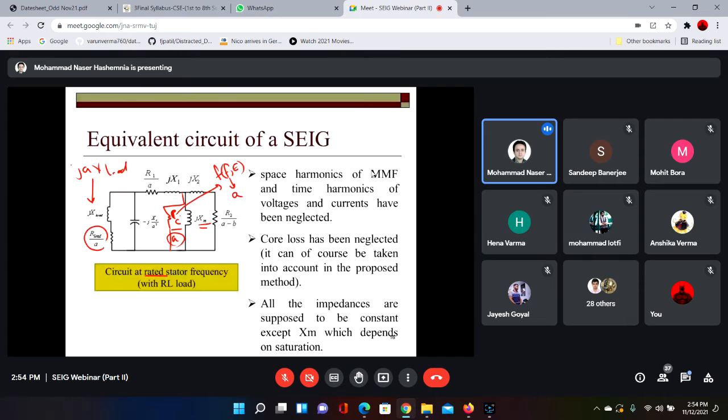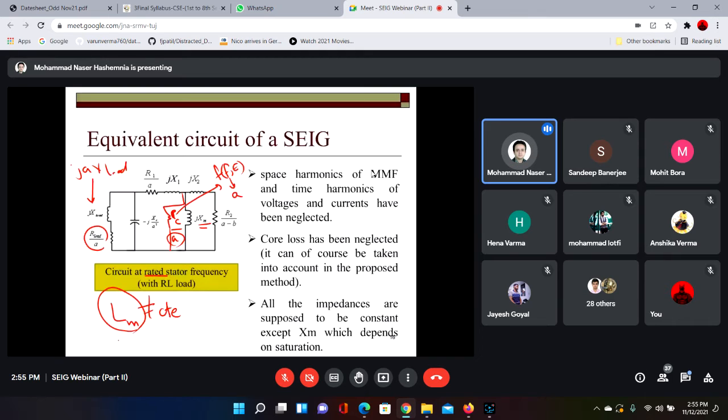But here, due to saturation, LM, which is magnetizing inductance, is not constant. So when LM is not constant, then you don't know the value of XM. Of course, you know the frequency of this circuit. The frequency of this circuit is F base, no problem, because it is a rated state of frequency. But you don't know the value of inductance. So due to saturation, you don't know XM in the initial stage.